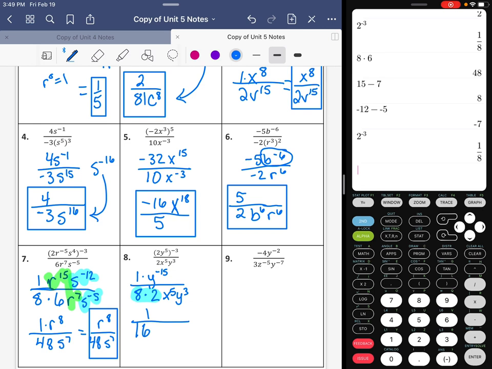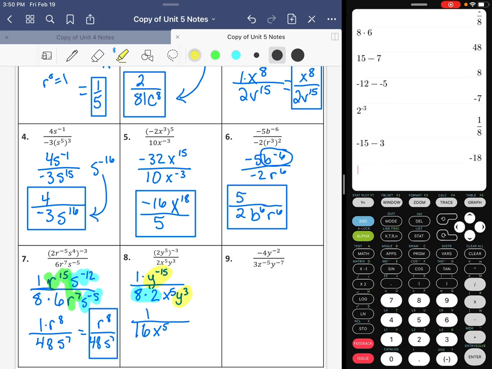Then this x to the 5th, there is no other x, so I can't do any division with it. And since it's x to the 5th, that means it's supposed to be in the denominator. And then I have to do my y to the negative 15th and my y to the 3rd. I got to get those two together. So I'm going to do negative 15 minus 3.